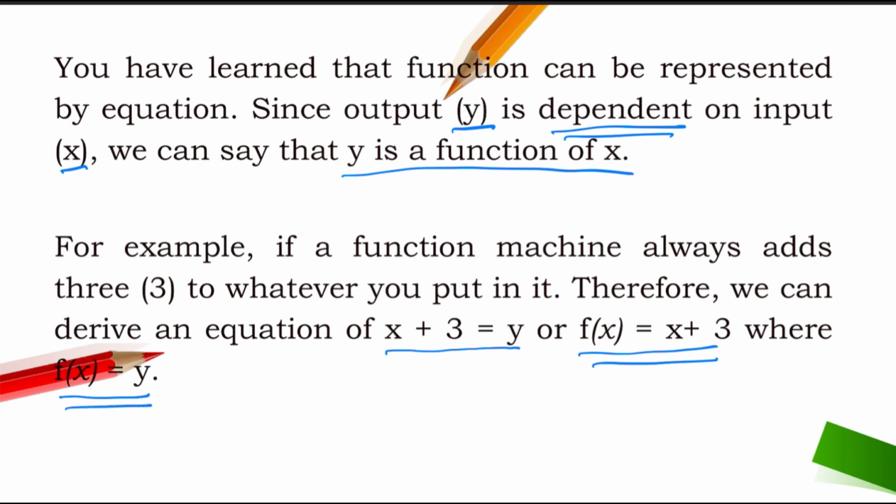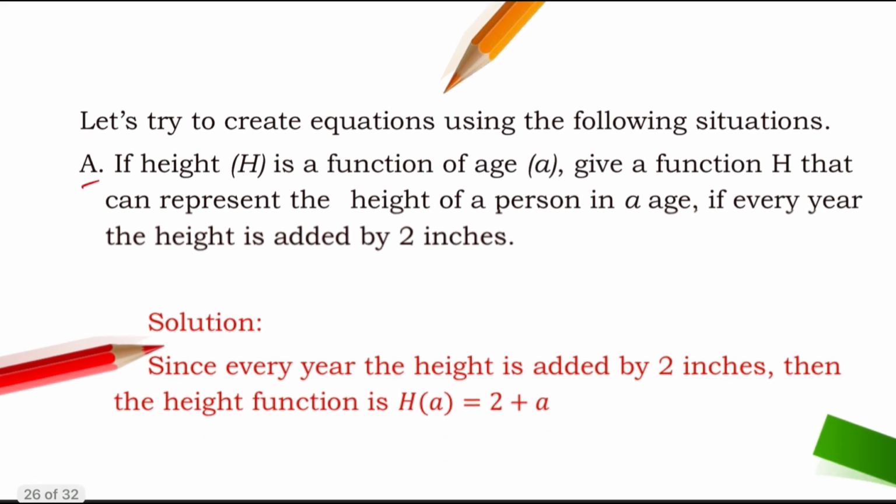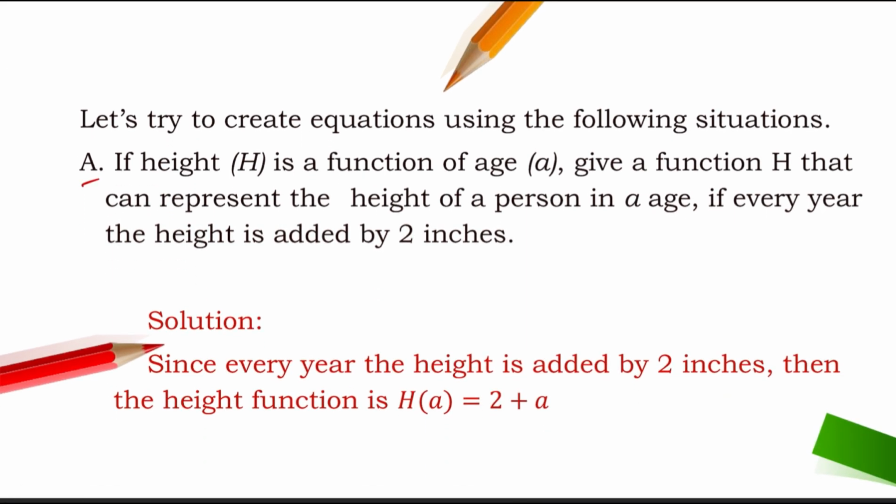Okay? Next, let's try to create equations using the following situations. Situation A. If height is a function of age, give a function that can represent the height of a person in age, if every year the height is added by 2 inches.